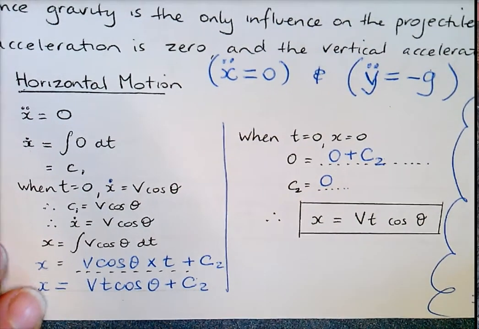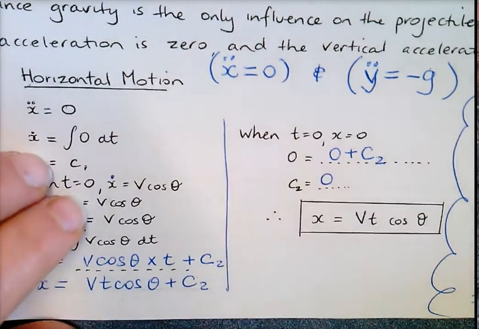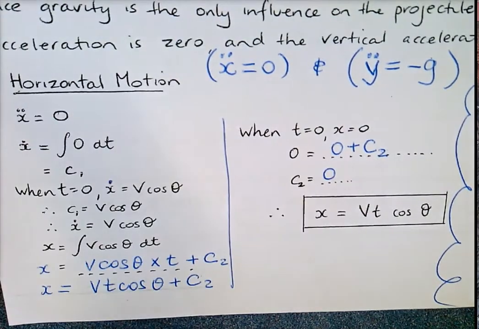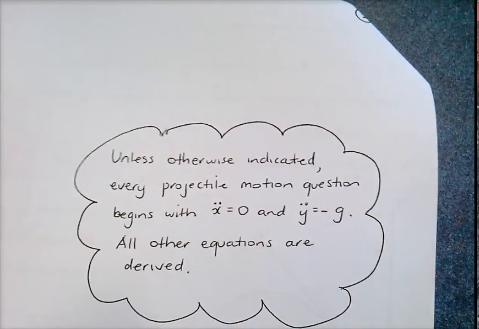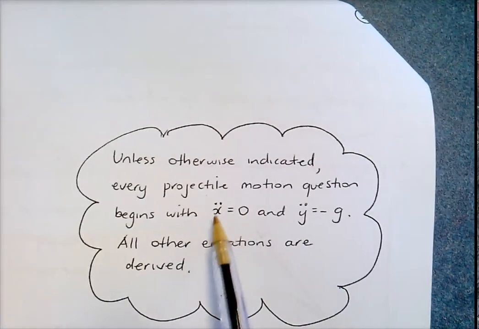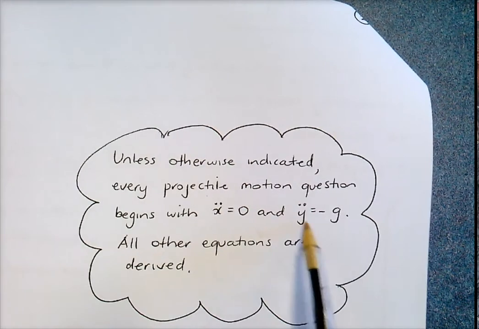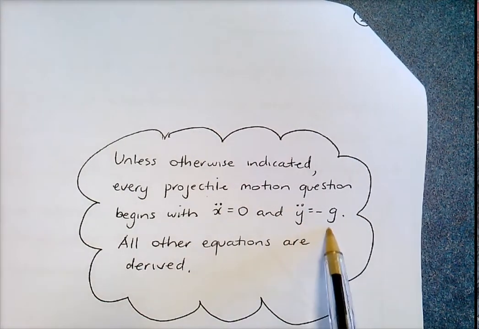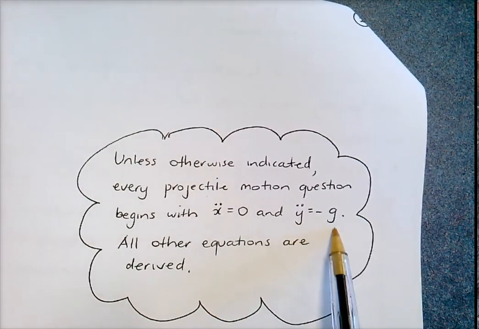Now, you don't get given these equations. Sometimes they give them to you and say you don't have to prove it. You don't just pull them out. You have to know how to derive them. Okay, so that is horizontal motion. Unless otherwise indicated, every projectile motion question begins with acceleration in the horizontal direction is 0, and acceleration in the vertical direction is negative g.